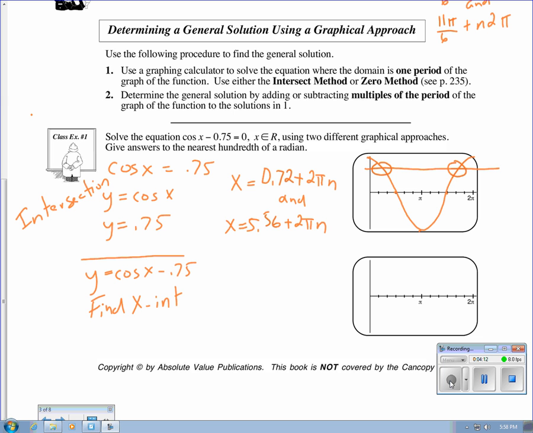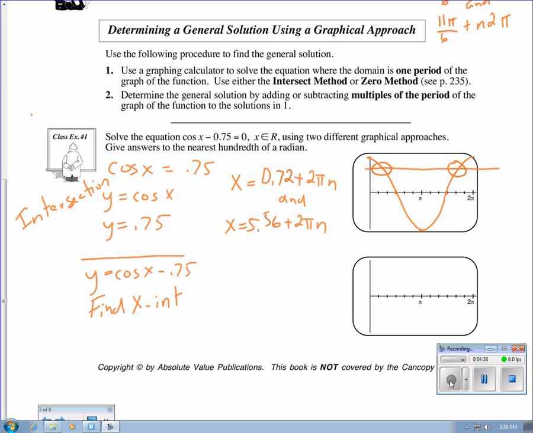So working with the same observation, that graph would repeat every 2 pi. So I could say that the general solution is that first intersection point plus 2 pi and the second intersection point plus 2 pi. We just need to take a look at that second graph, and we actually should expect that the graph crosses at 0.72 and 5.56.